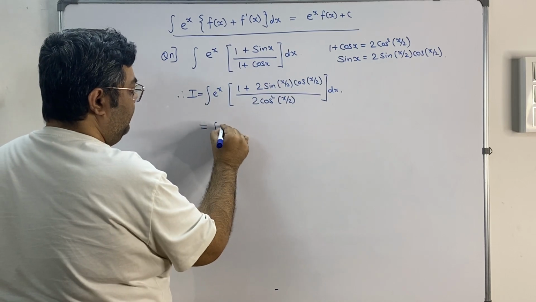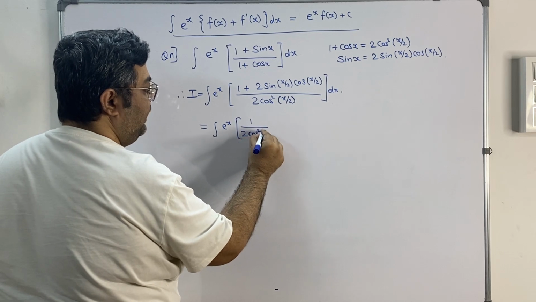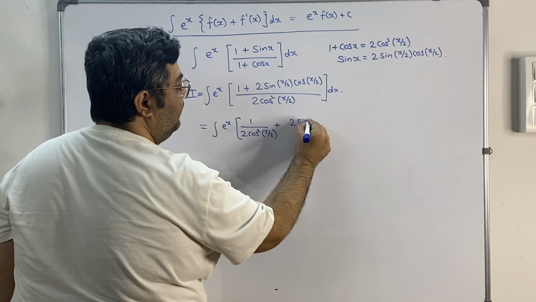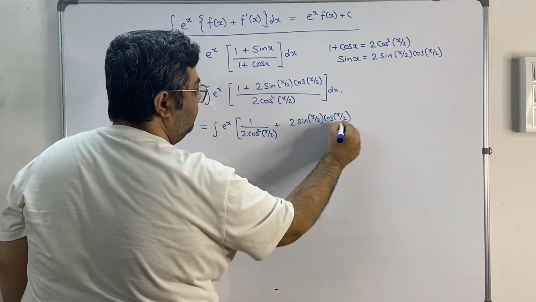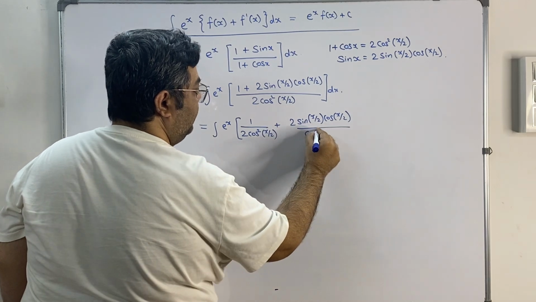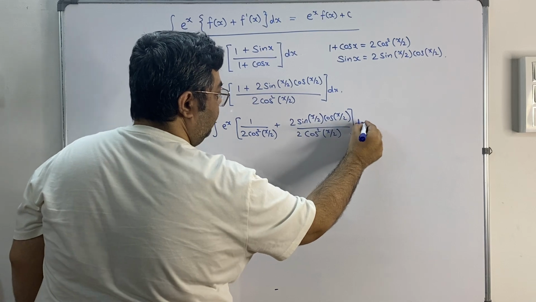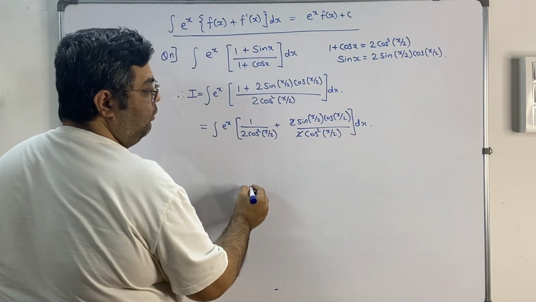Next we split the whole thing. This becomes e raised to x, 1 over 2 cos squared x by 2, and here 2 sin x by 2 cos x by 2 divided by cos squared x by 2, dx. As can be observed, we can strike this off.